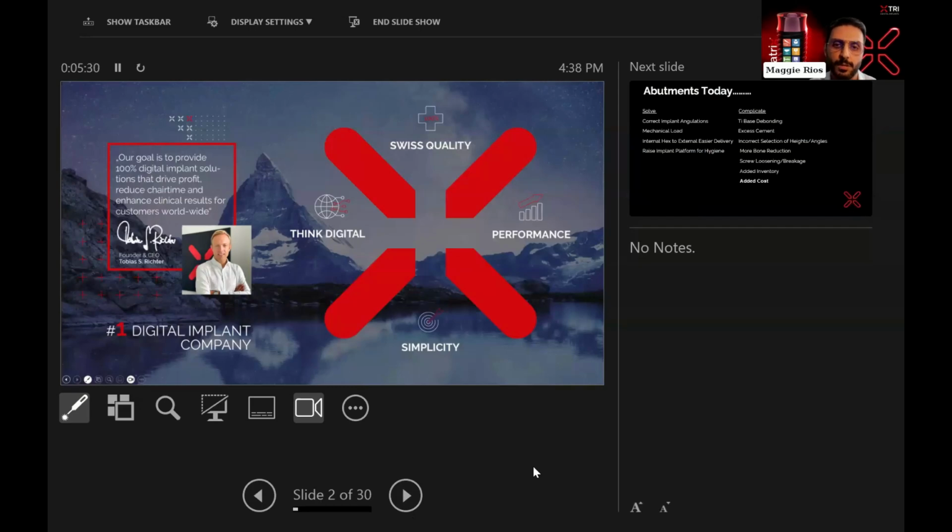We focus on key points like performance and simplicity, and of course, the Matrix system has been developed around the digital workflow. The Matrix system has been around for about 4 years now. In the US, a little under 2 years, I want to say. But obviously, that's the abutmentless digital dentistry that we are looking for.